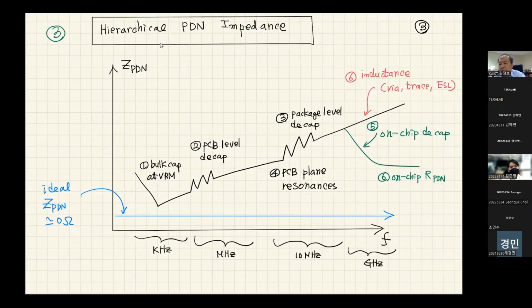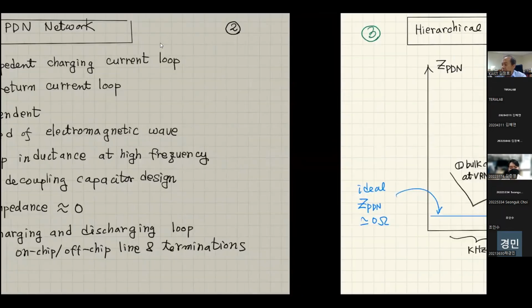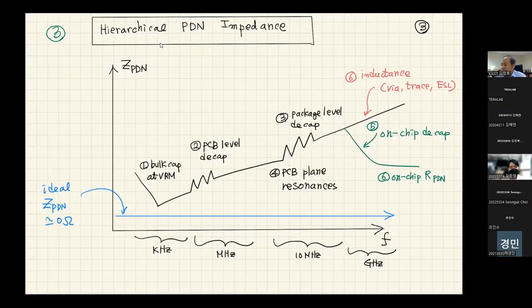This is also a very important slide, and we're going to come back to this. This is a conceptual overview of the decoupling capacitor design and power distribution network design. And this graph is a conceptual design of your PDN, power distribution network, with the concept of impedance curve.